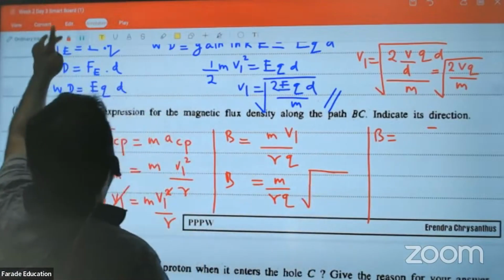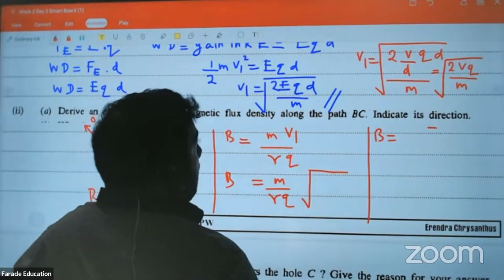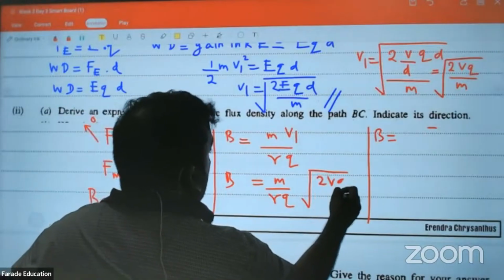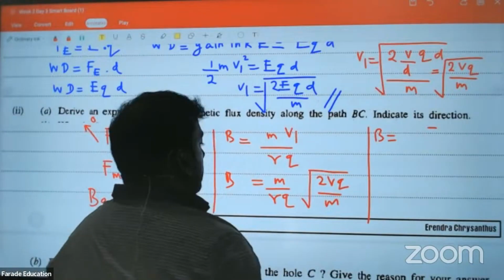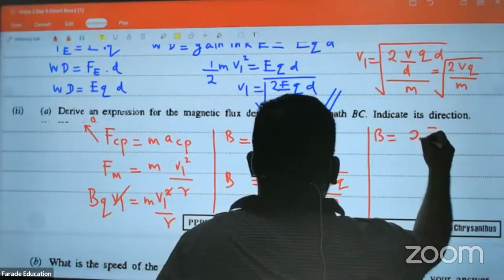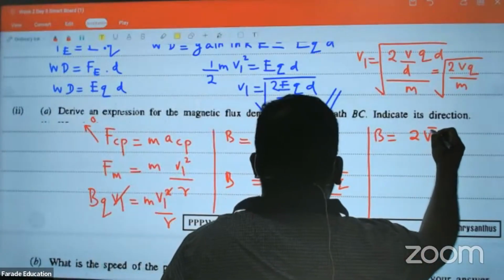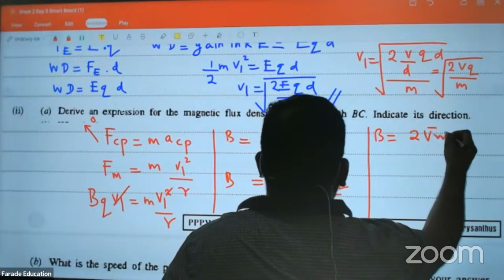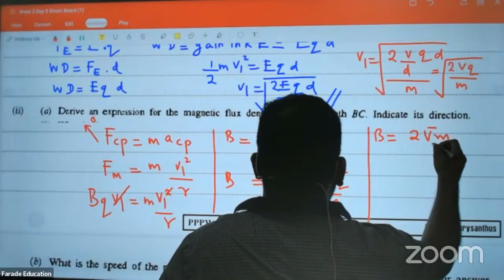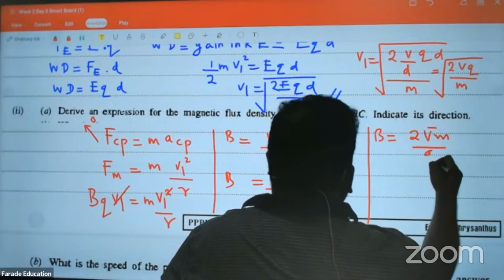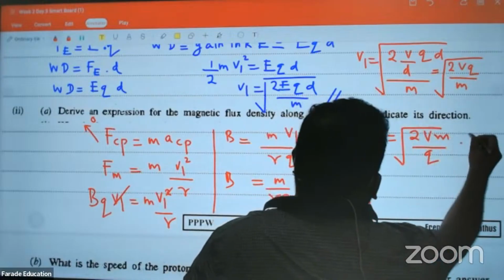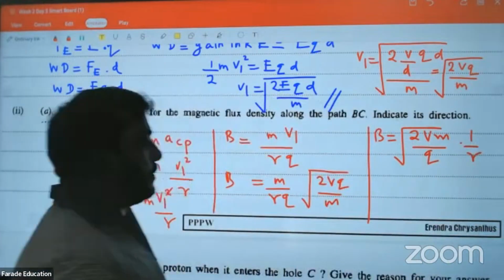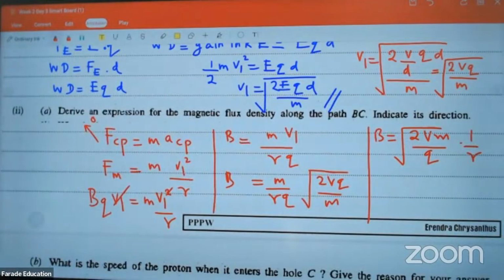Look at this carefully. v1 is the square root of 2VQ divided by m. So B equals 1 over r times the square root of 2Vm divided by Q. Okay, no? Right.